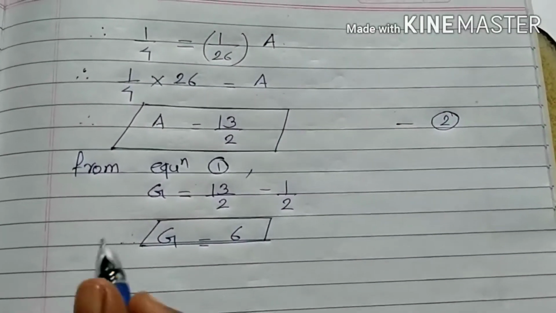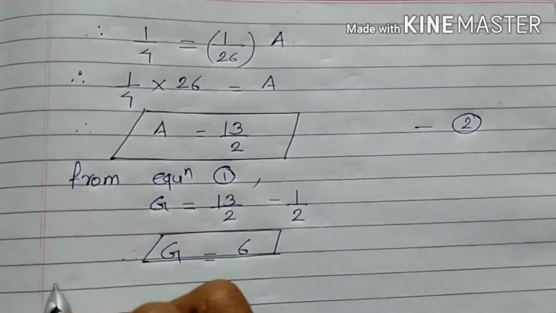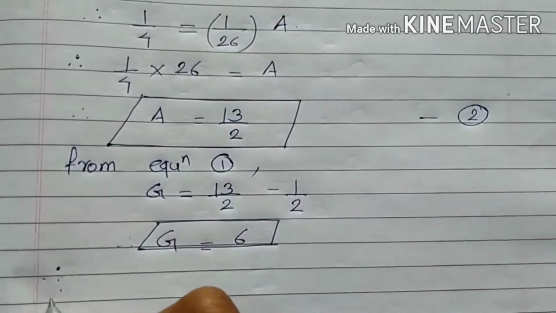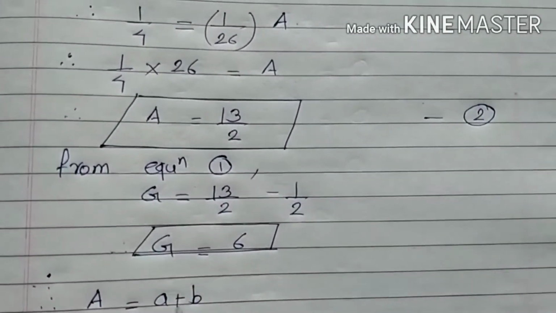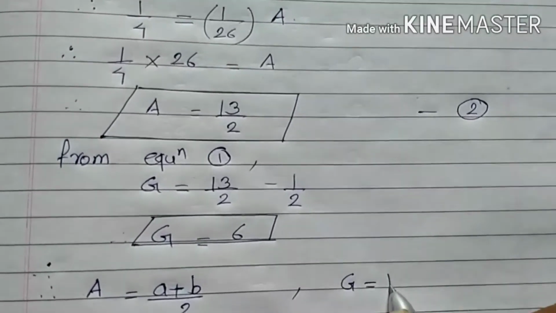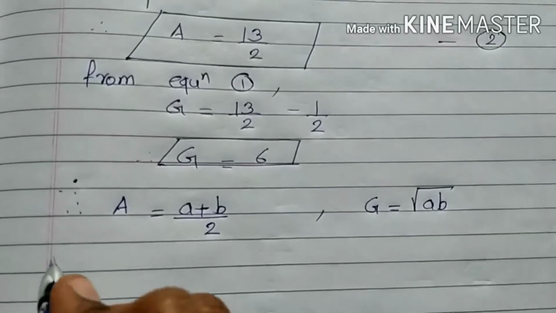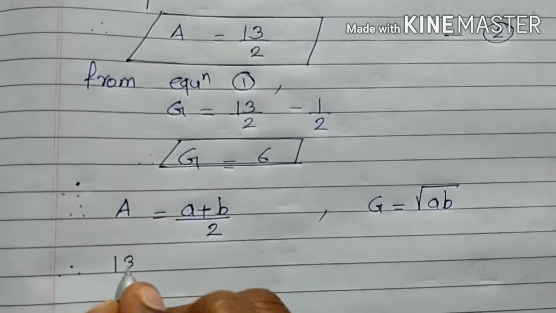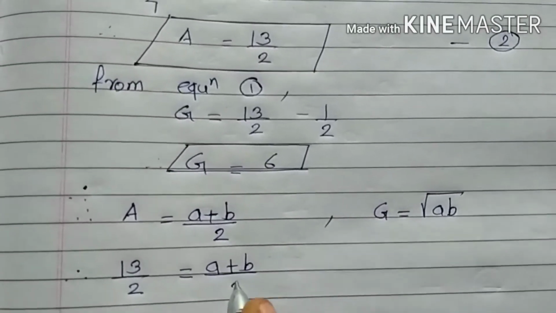Okay, but we know that A is equal to (a + b)/2, and G is equal to under root of ab. Now put the value of A, which is equal to 13/2, which is equal to (a + b)/2.